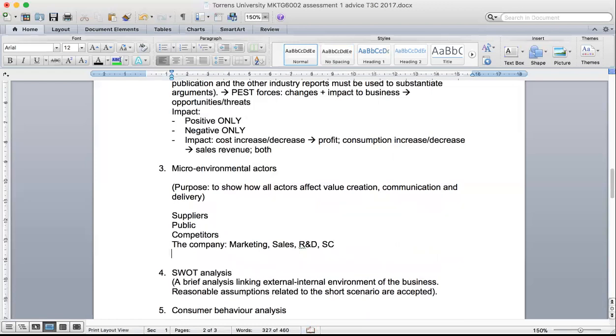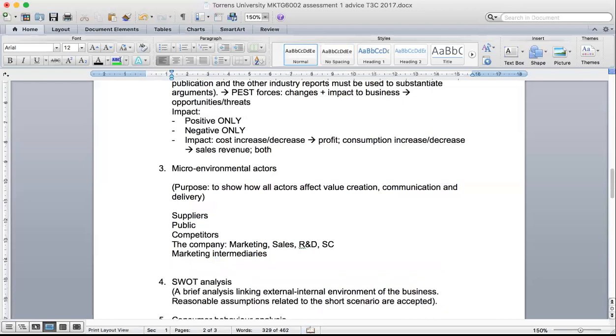And please also look at the marketing intermediaries. In this instance, they are the middlemen.